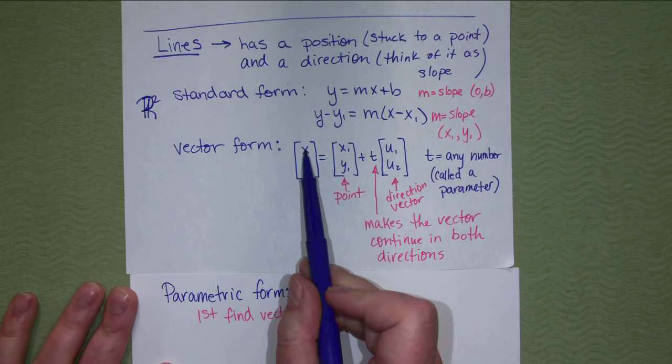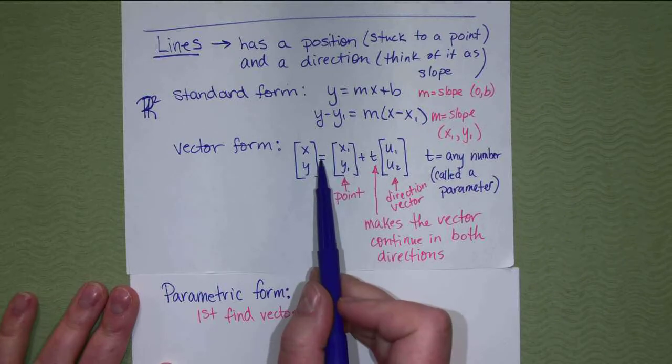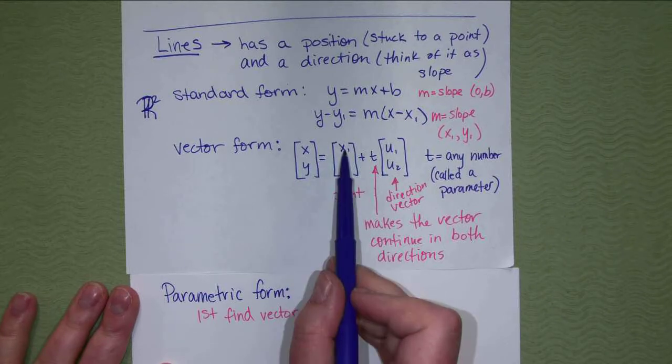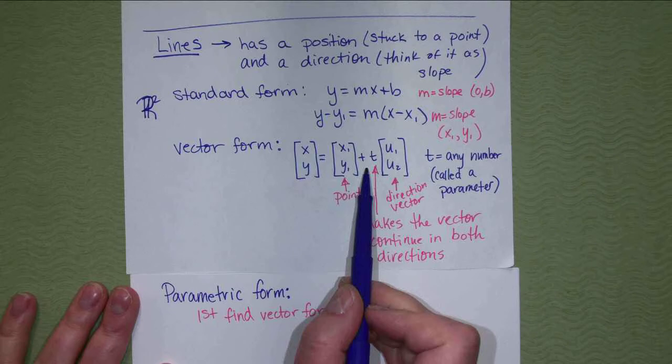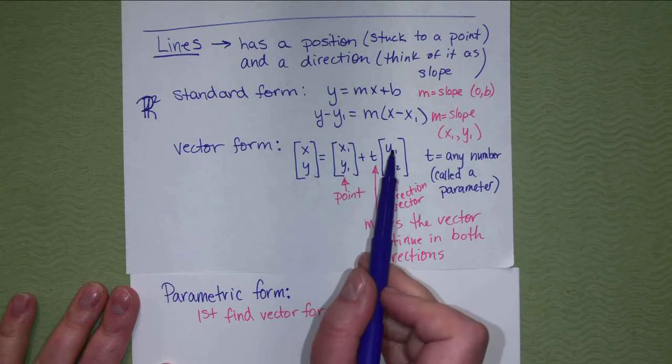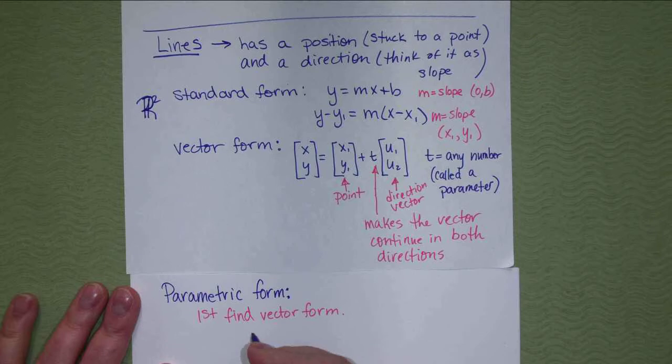So x is equal to x1 plus t times u1, and y equals y1 plus t times u2.